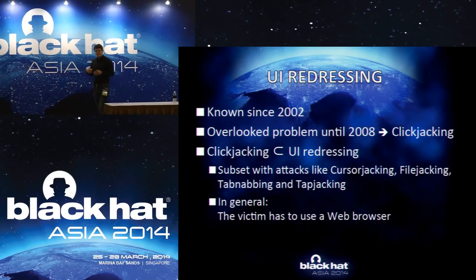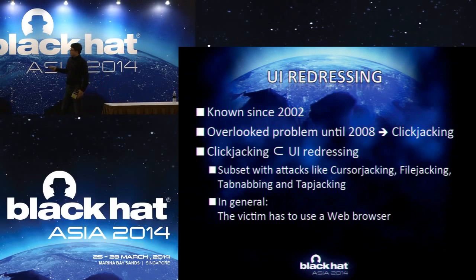This ticket was closed by the Mozilla security team, who said it's more a feature than a bug. We want that things are invisible. We want that things are half transparent. It's nice to have, it's fancy.